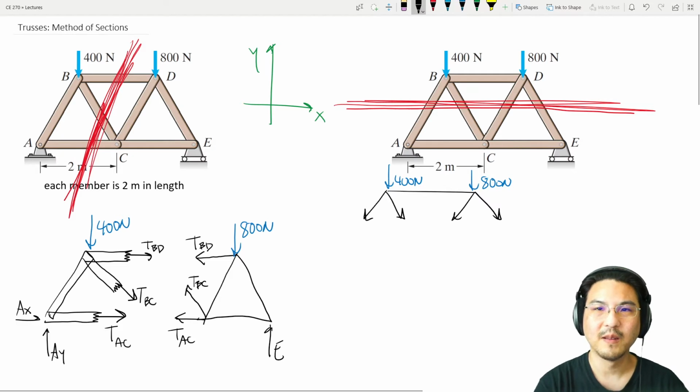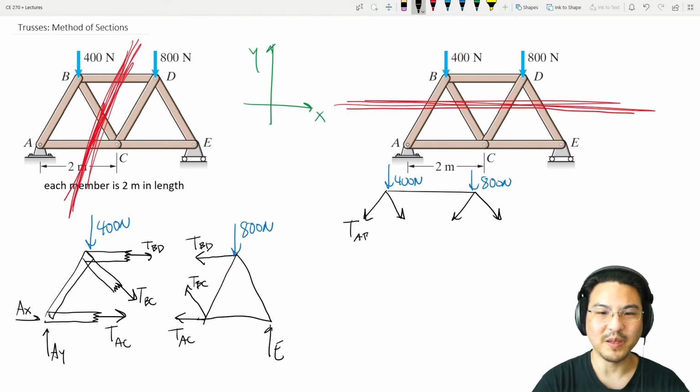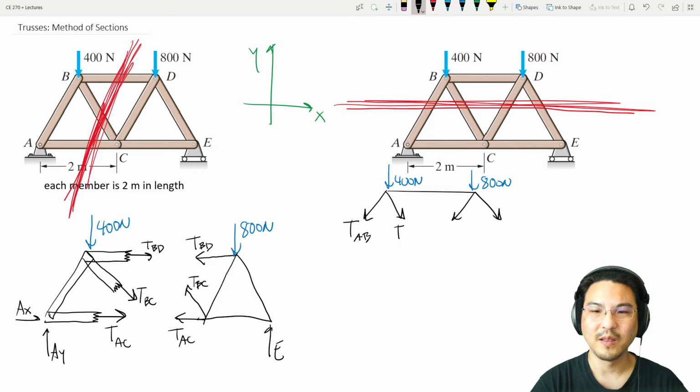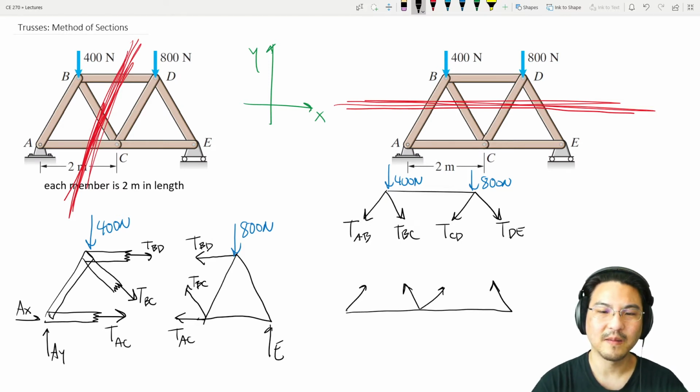Okay, and then this is AB, this is BC, this one over here, CD, this one over here, DE. And then the bottom section would look like here, here, here, there. And the reaction at A and the roller at E.